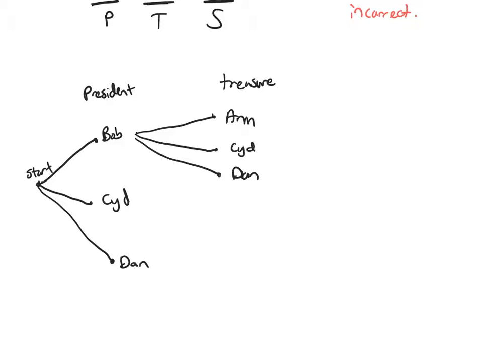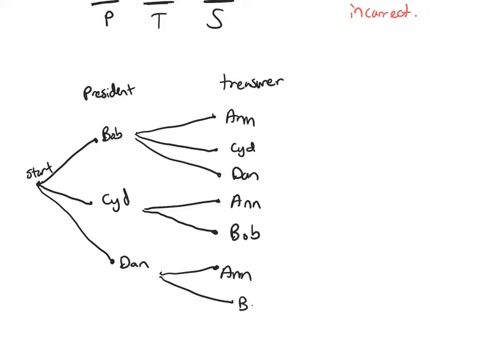Now from Sid being president, there are only 2 options for treasurer, because remember, Sid or Dan has to be secretary, so Dan cannot be treasurer in this scenario. So there's either Ann or Bob. And the same thing here. Dan is president, so Sid would have to be the secretary. So again, there are only Ann and Bob here.